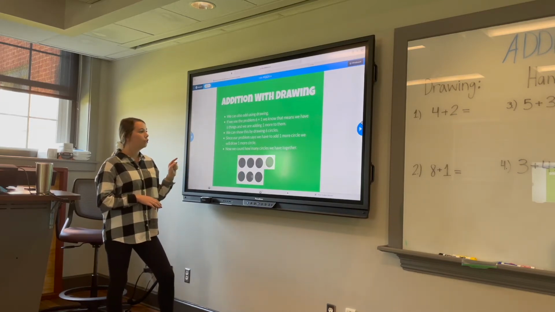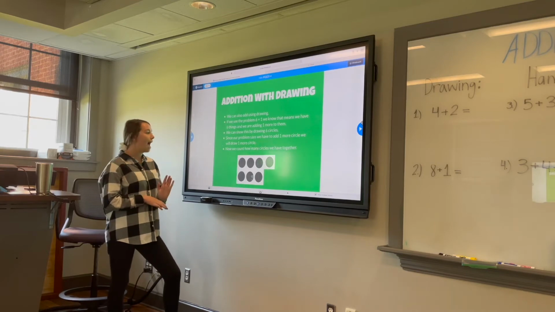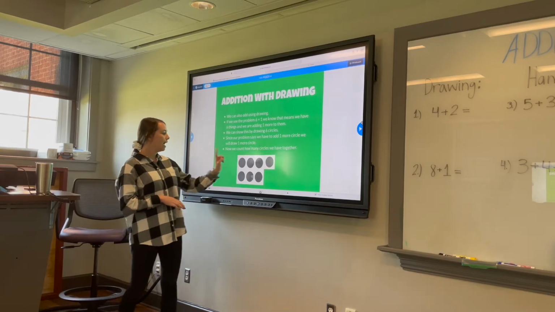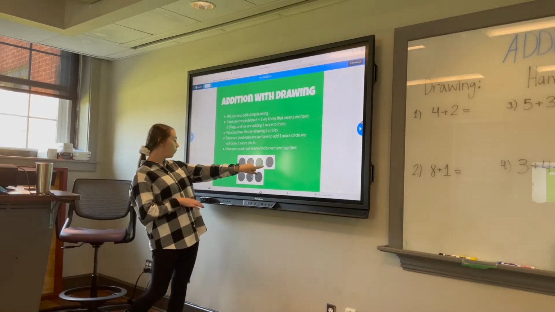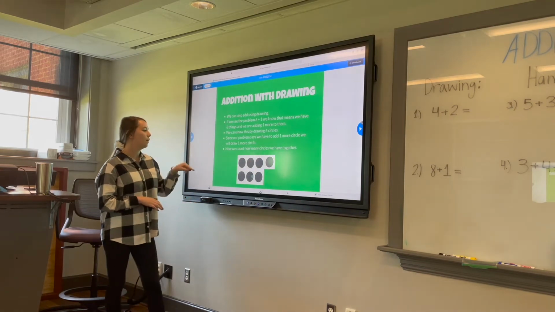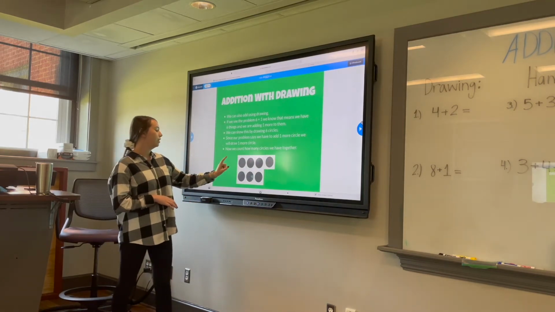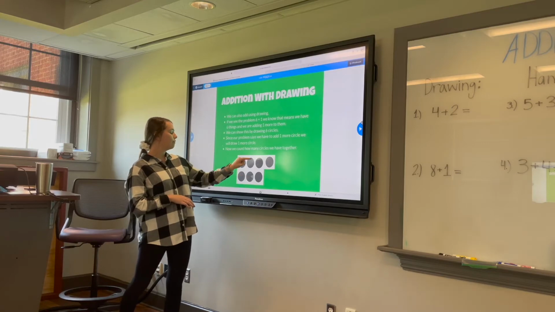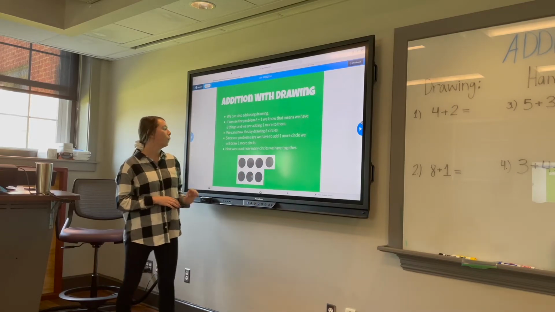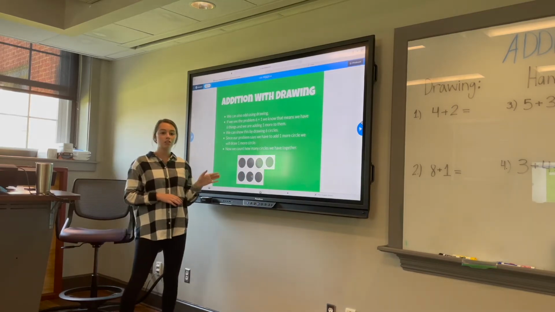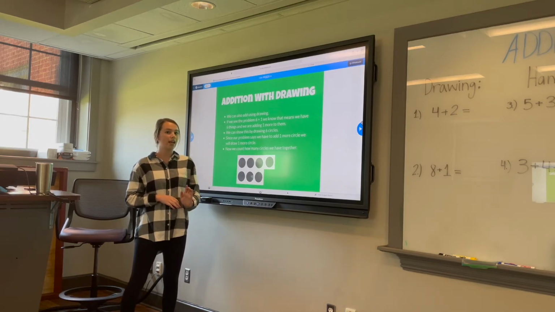Then we're going to draw 1 more because we're adding another circle. Now we draw one more here on the end. Now we're going to count them together: 1, 2, 3, 4, 5, 6, 7. We have 7 circles. So the answer to the problem, 6 plus 1 equals 7.